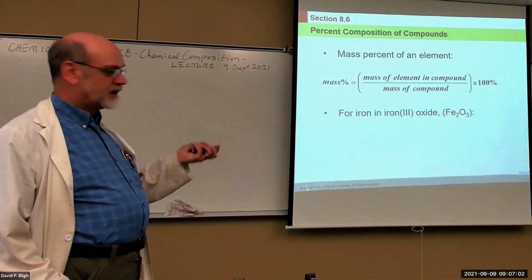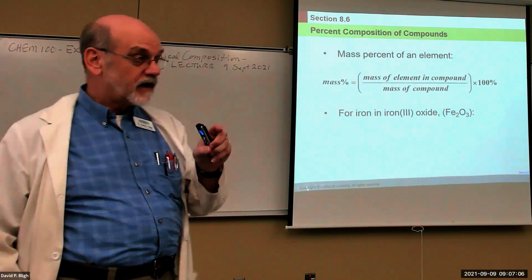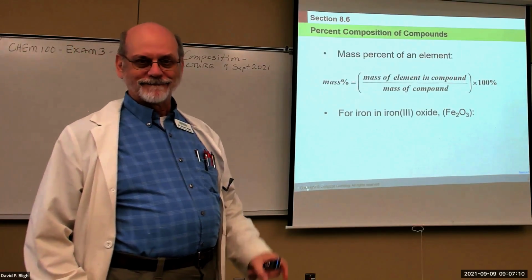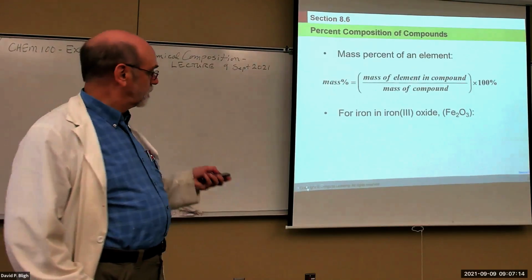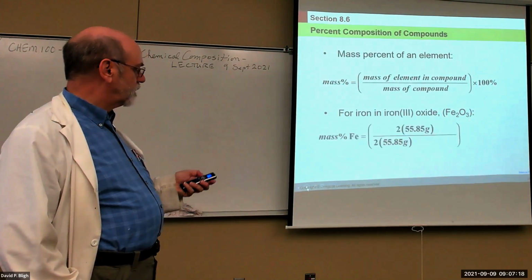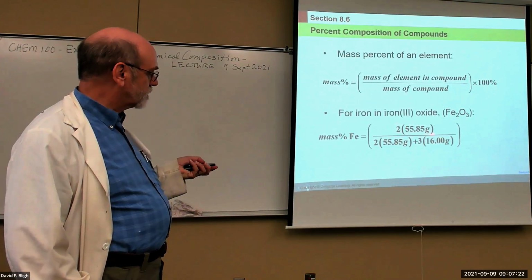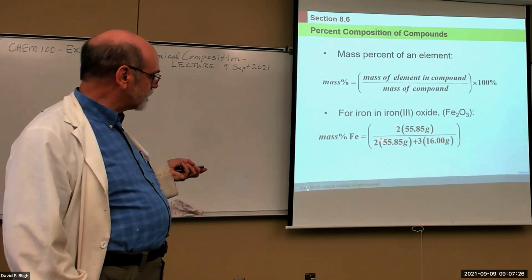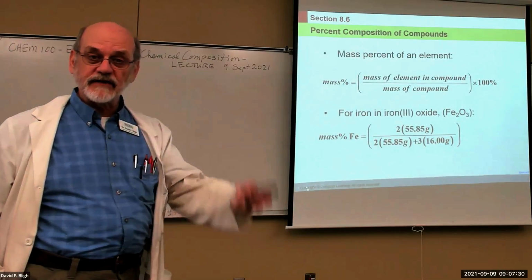Well, let's assume, which is perfectly valid, that you have 1 mole of that compound. How much mass would you have of each? If you have a mole of iron(III) oxide, you would have this much iron, the mass of the element. And you'd have this much of the compound: the mass of the iron plus the mass of oxygen.